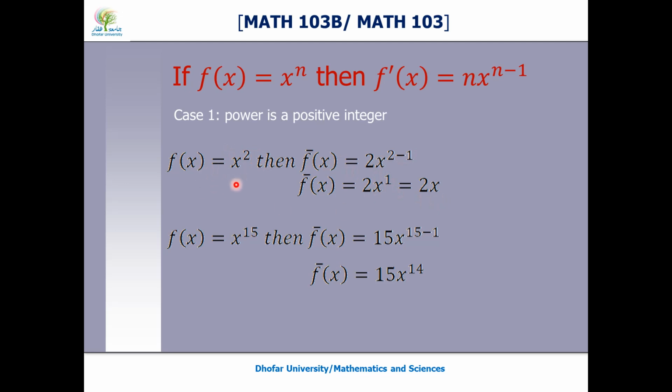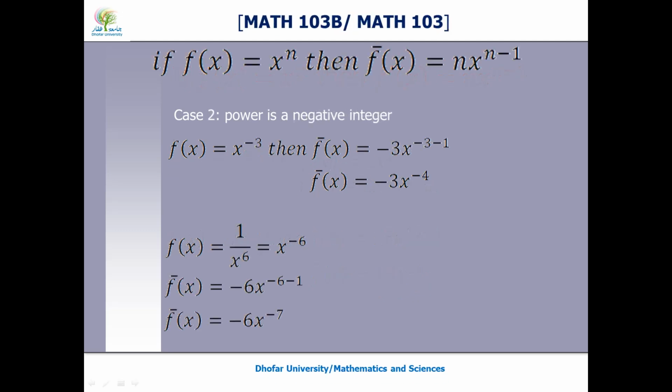So the derivative of the function x squared is equal to 2x. This is another example. If f of x equals x to the power 15, then its derivative will be 15 times x to the power of 15 minus 1, i.e. 15 times x to the power of 14. So this is the way we use the power rule if the index is positive.